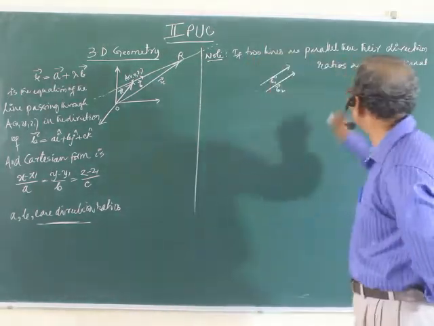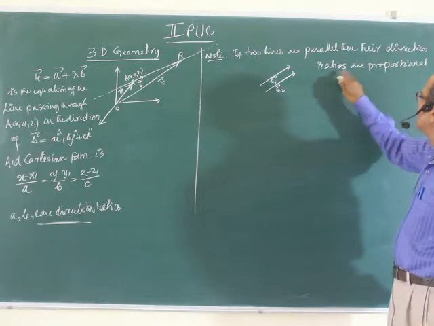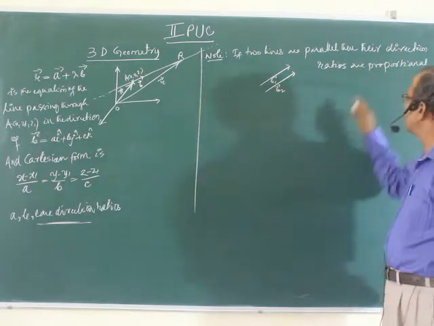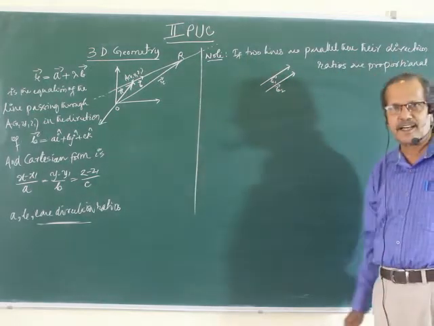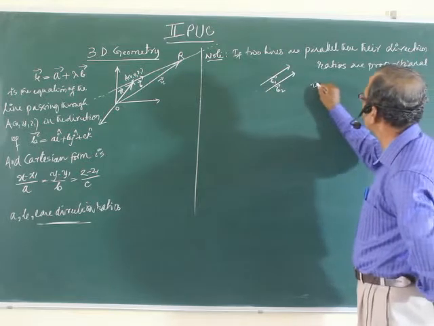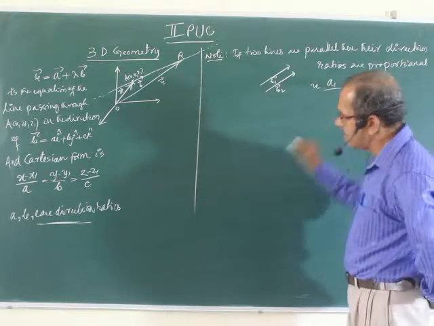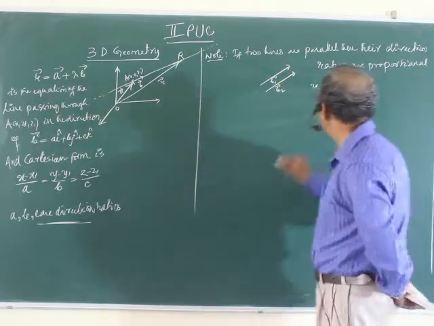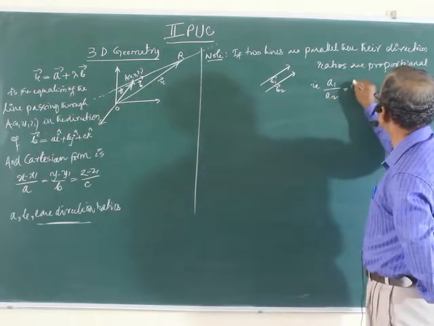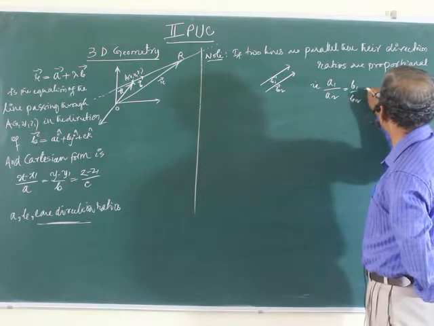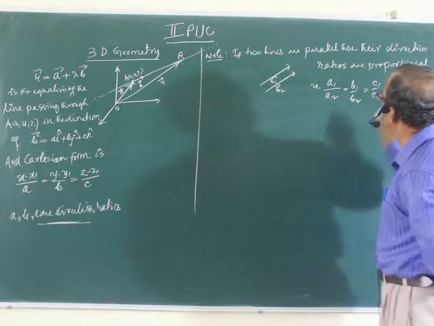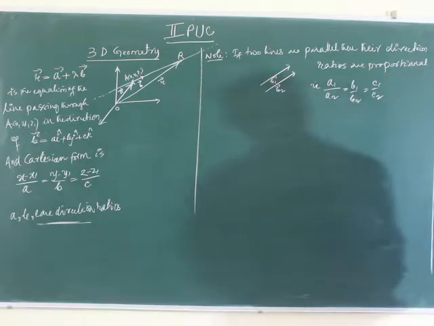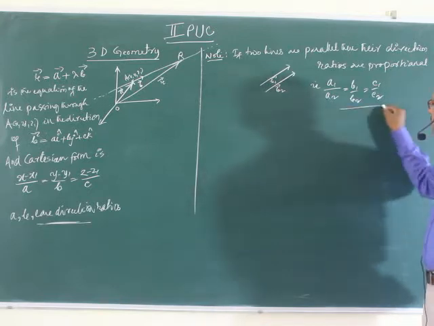In that case, their direction ratios will be equal, but they are proportional if they are parallel. That is, a1 by a2 equal to b1 by b2 equal to c1 by c2. Proportional. Their direction ratios are proportional.